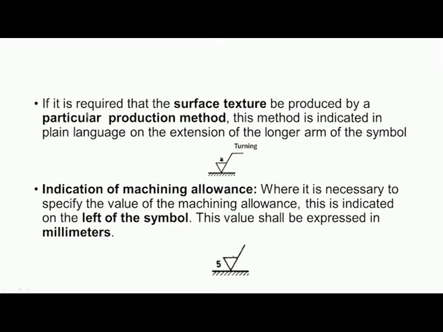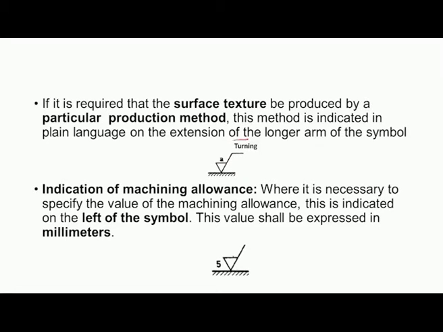Now you can see here, if it is required to produce the surface with a particular production method like shaping operation or turning operation or grinding operation, then that is mentioned on the horizontal line. So you can see here, this is the symbol, we have a bar here, it indicates that the surface is to be machined by some operation.